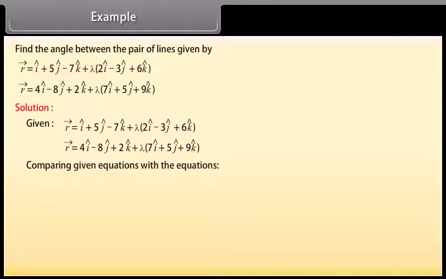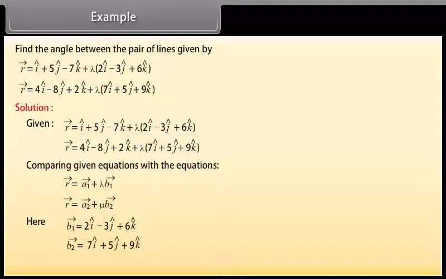Comparing given equations with the equations vector r equals vector a1 plus lambda vector b1 and vector r equals vector a2 plus mu vector b2, here vector b1 equals 2i minus 3j plus 6k and vector b2 equals 7i plus 5j plus 9k.